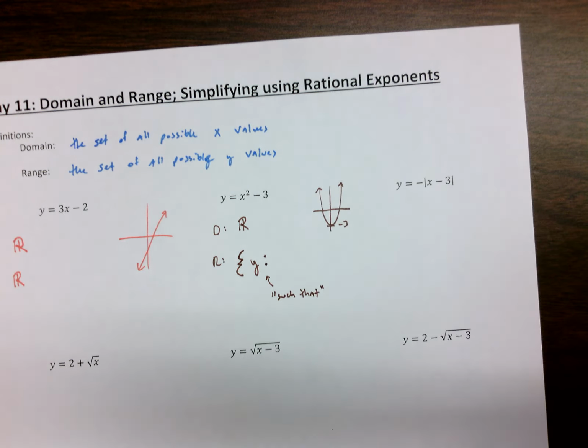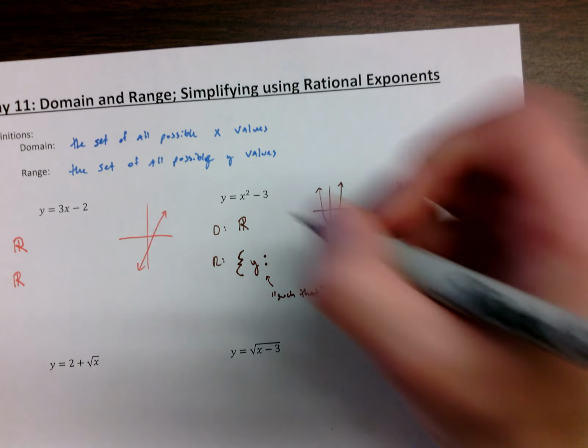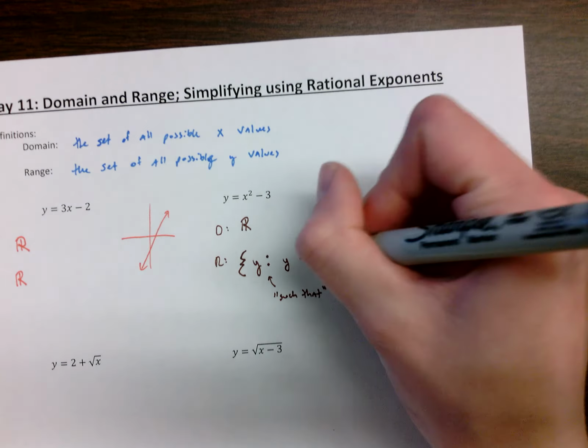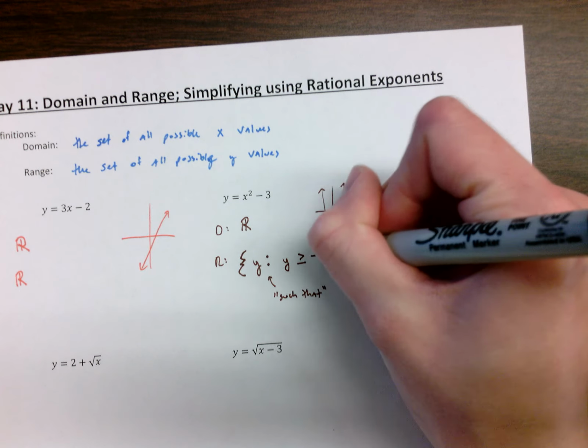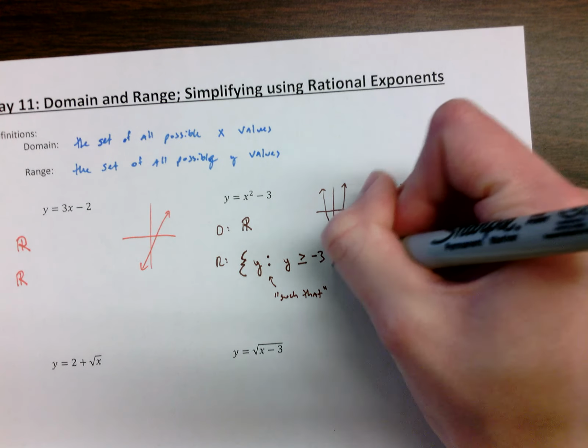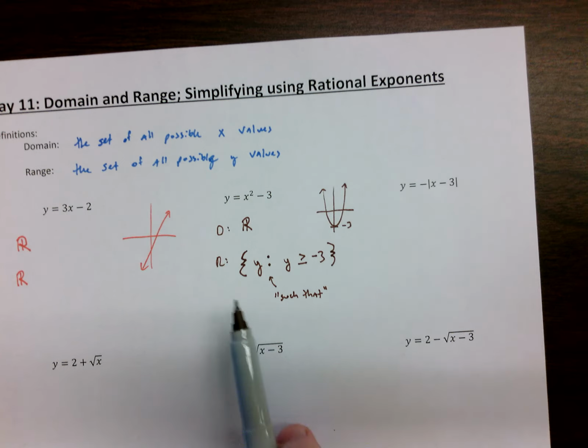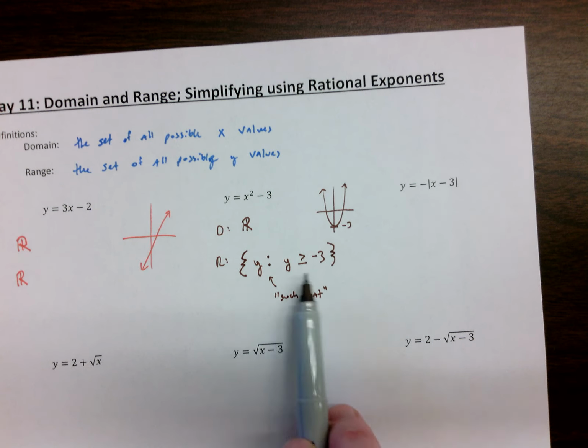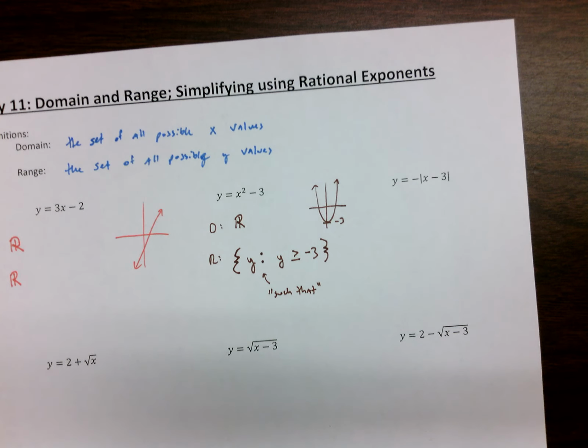So it's y such that, and in this case, the y values are always greater than or equal to -3. So my range is y such that y is greater than or equal to -3. It's a slightly different notation you may not be used to, but we're going to get used to it.